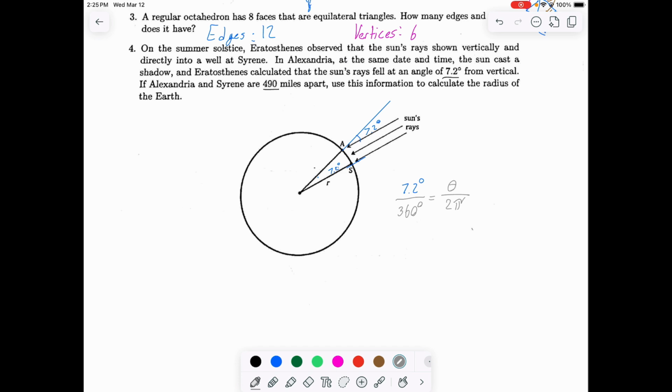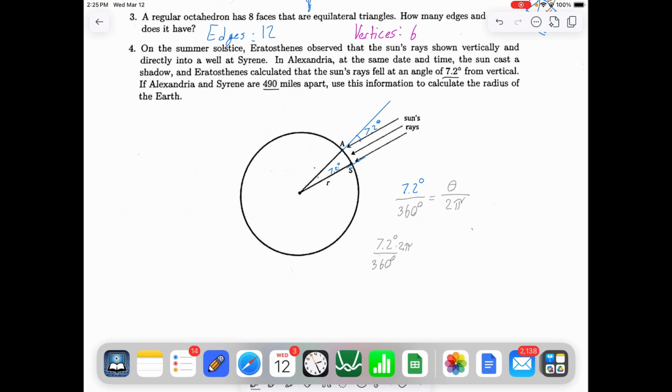because around a full circle, that's 2 pi radians. So if I want to solve for theta, I do 7.2 degrees divided by 360 degrees times 2 pi. If I go ahead and multiply those, I'll get a good radian value for that angle. And it'll be real useful to get that radian value.